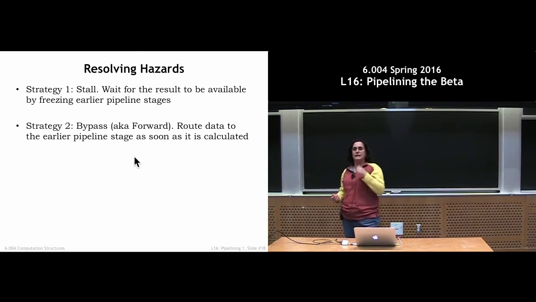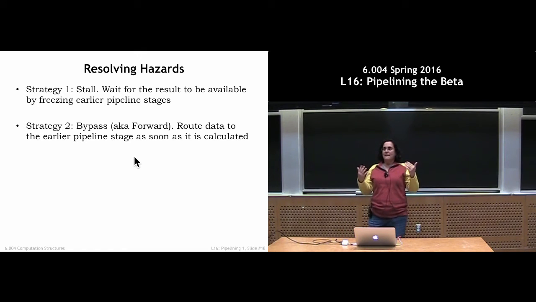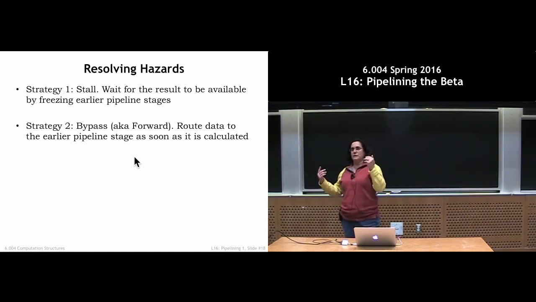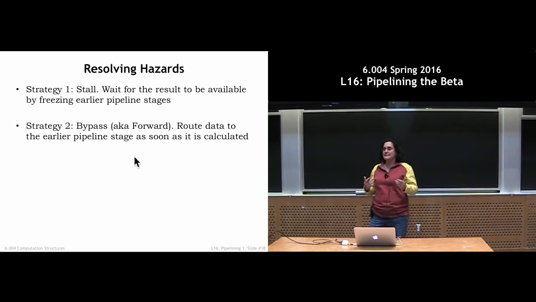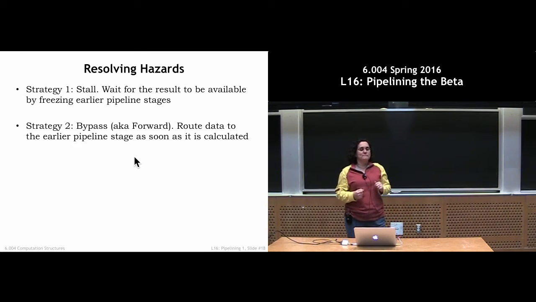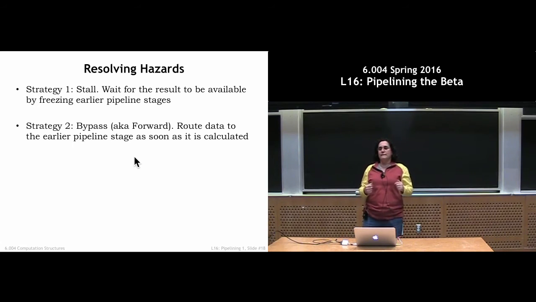If I'm just doing an ALU operation, then by the end of the ALU cycle, I already have that result that's eventually going to be written back into the register file. So if I had some way of passing that data through my data path so that I had access to it somehow, then I could deal with this data hazard. And so that's the idea of bypassing: you're passing information earlier than you would otherwise get it.